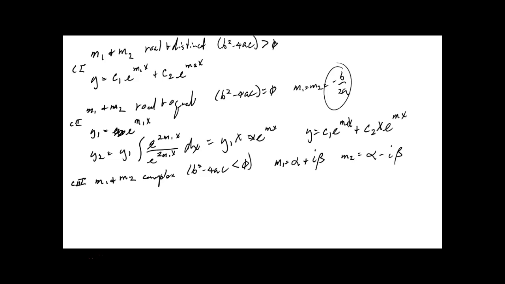Now, if you were to write your solutions then, here's how it would look. y is equal to C1, now, this time they make it a capital C. One reason for that, I think, is they are now allowing it to be a complex number, not just any old constant, but even a complex. e to the, okay, your M1 is alpha plus i beta, x plus C2 e to the alpha minus i beta x.